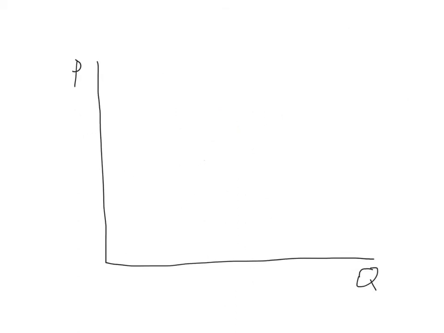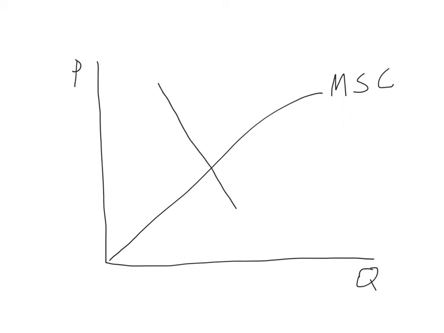So now let's talk about positive externalities. Again, let's just draw a regular supply and demand, except the supply will be the marginal social cost. The demand will be two demand curves: the marginal private benefit and the marginal social benefit.